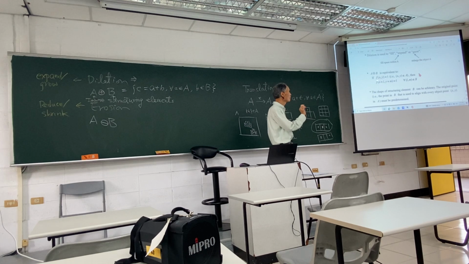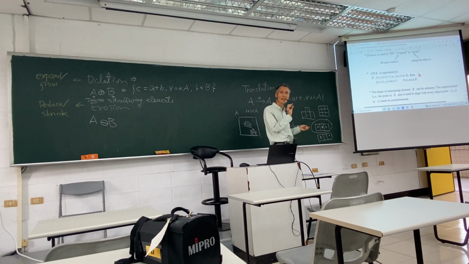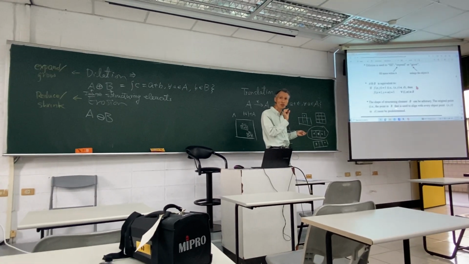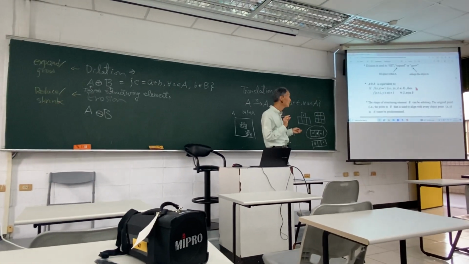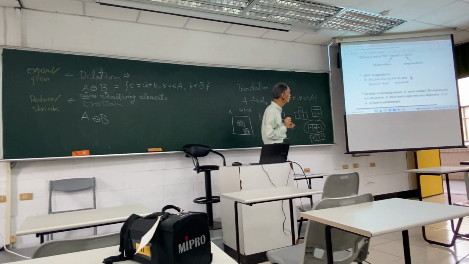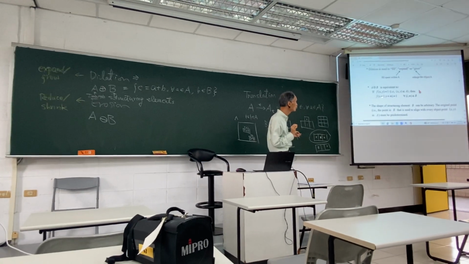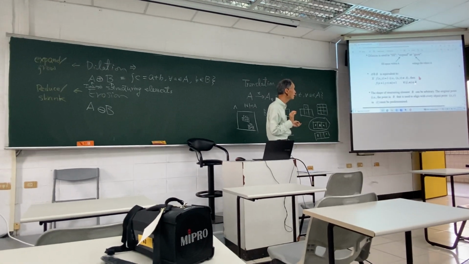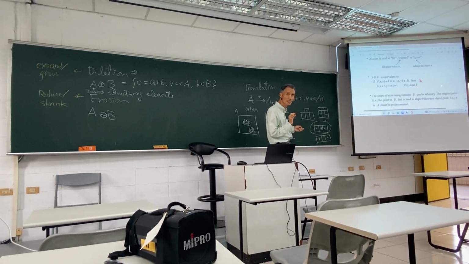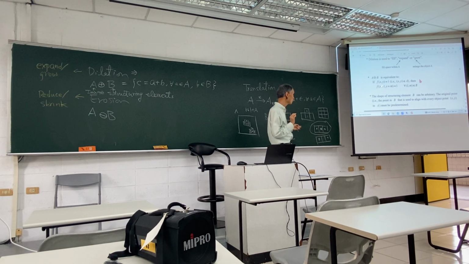It says if f of x, y equals 1, which means in a binary image, x, y is an object point, then its neighbors, where the neighborhood is defined by the structuring element, you will turn into 1.